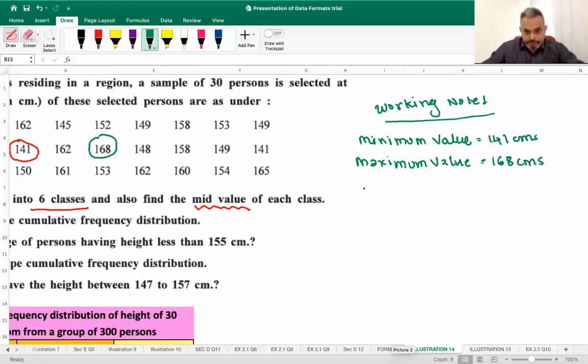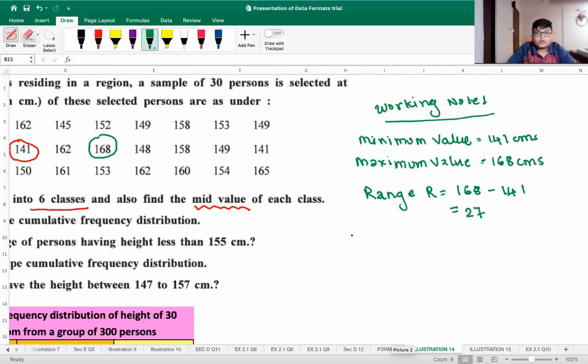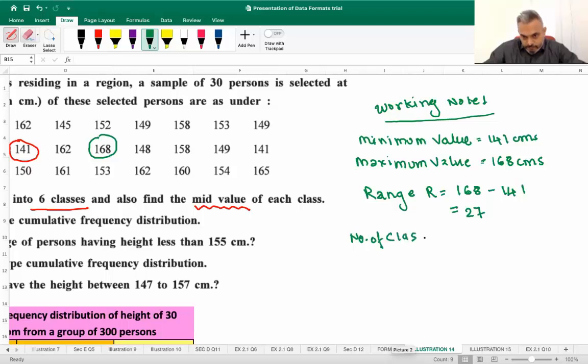Now, range, denoted by R, is equal to maximum minus minimum, which is equal to 27. Now, number of classes, denoted by K, small k or capital K, you can take whatever. Number of classes K is already given, 6.